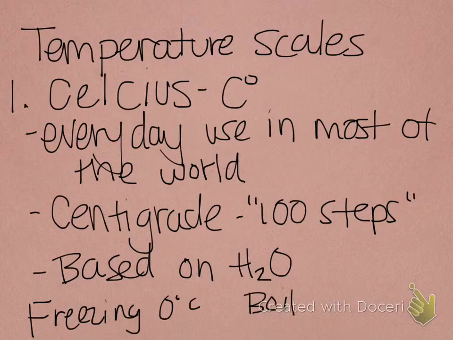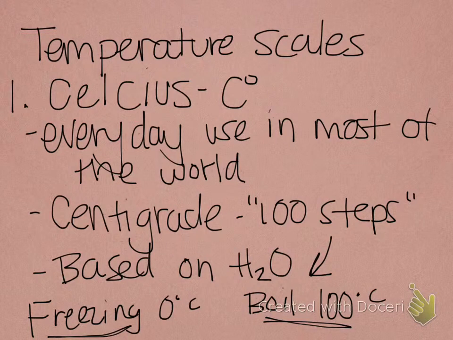And boiling happens at 100 degrees Celsius. So that is where that centigrade scale comes from, because the scale is based on how many steps it takes to go from freezing water to boiling water.